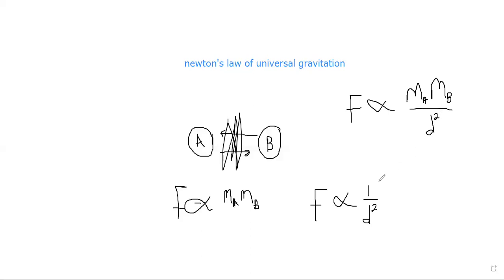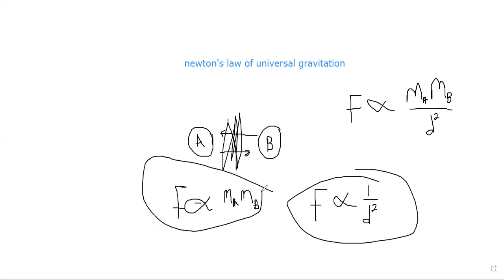Because of these two relationships, you can see you just take mA, mB, multiply it by 1 over d squared, and it gives you this, right?